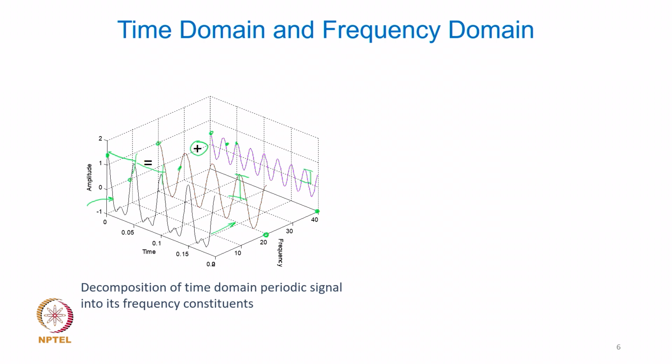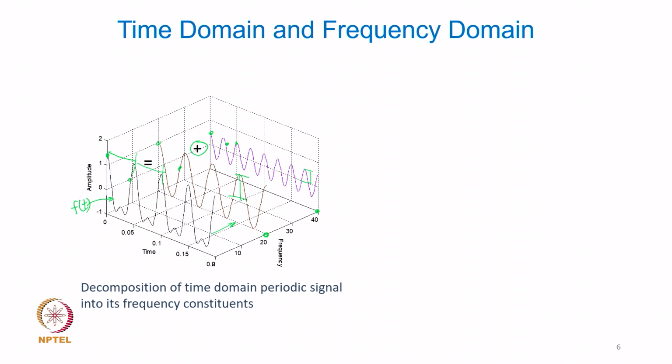So, basically you can algebraically add two sinusoids with their individual amplitudes and individual frequencies to make up the original time function. This is precisely what Fourier series decomposition is: any periodic time function can be decomposed into its constituent harmonics.